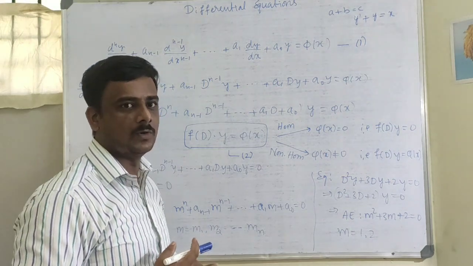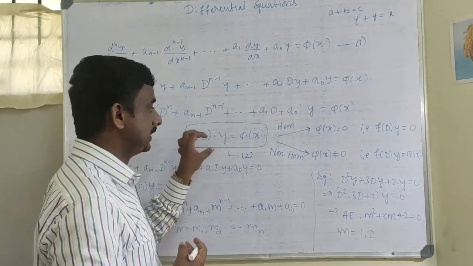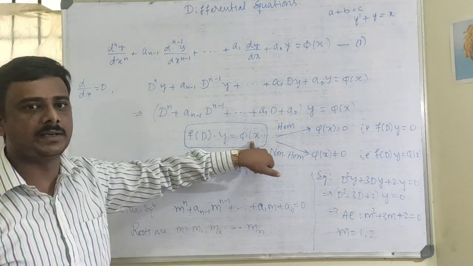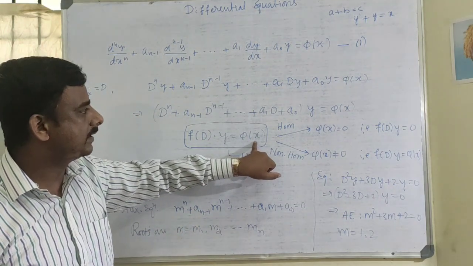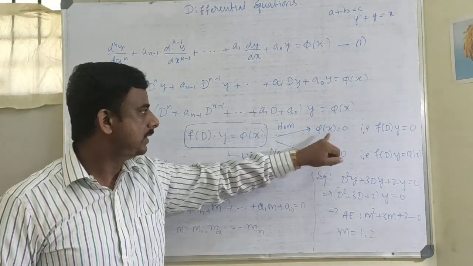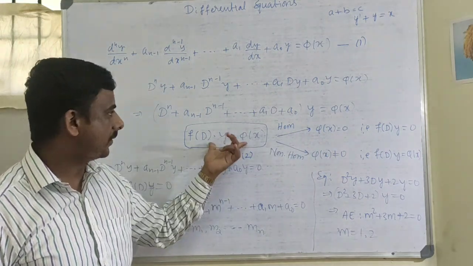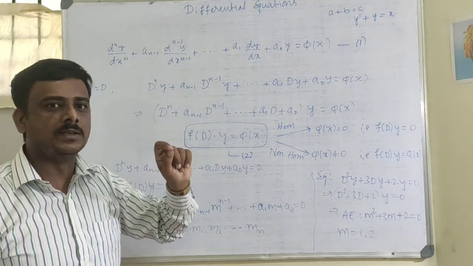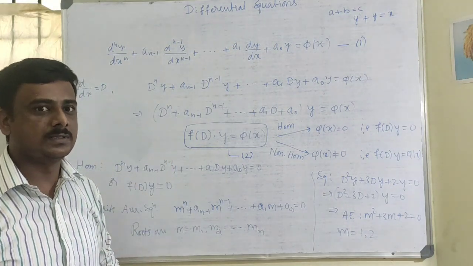When you say that it is homogeneous, that depends on the right hand term. If the right hand term is equal to 0, then we call this equation a homogeneous linear differential equation.